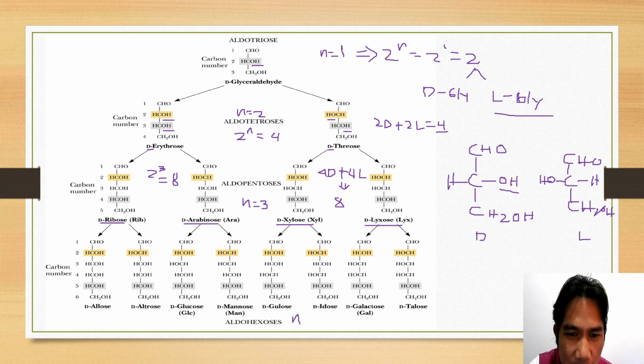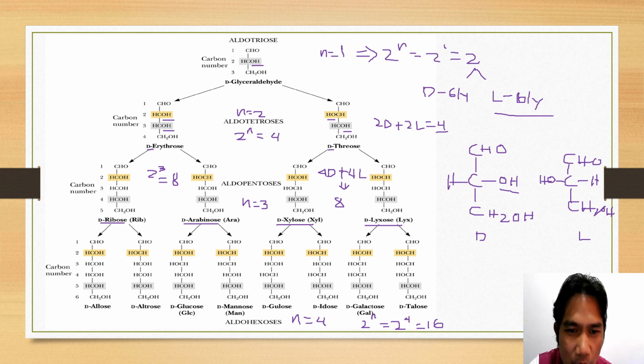So our N here is 4. If we put that in the formula, 2 raised to N, where N is equal to the chiral carbons, 2 raised to 4 gives 16.